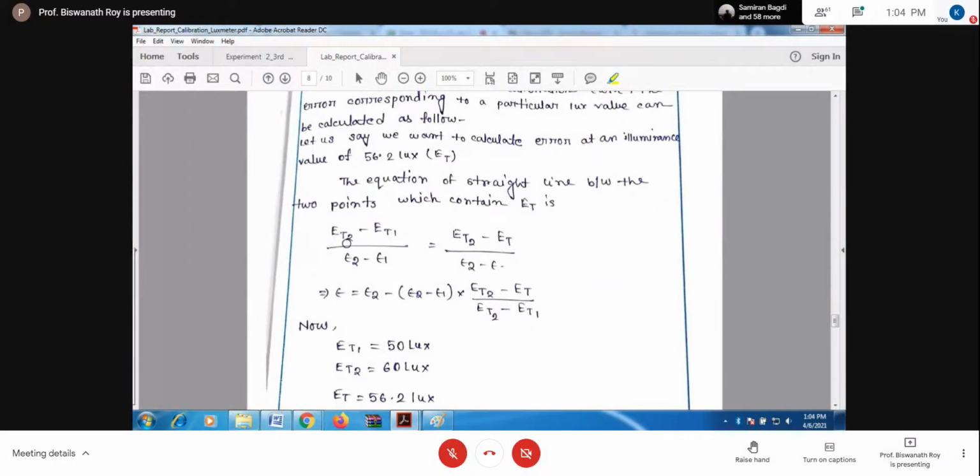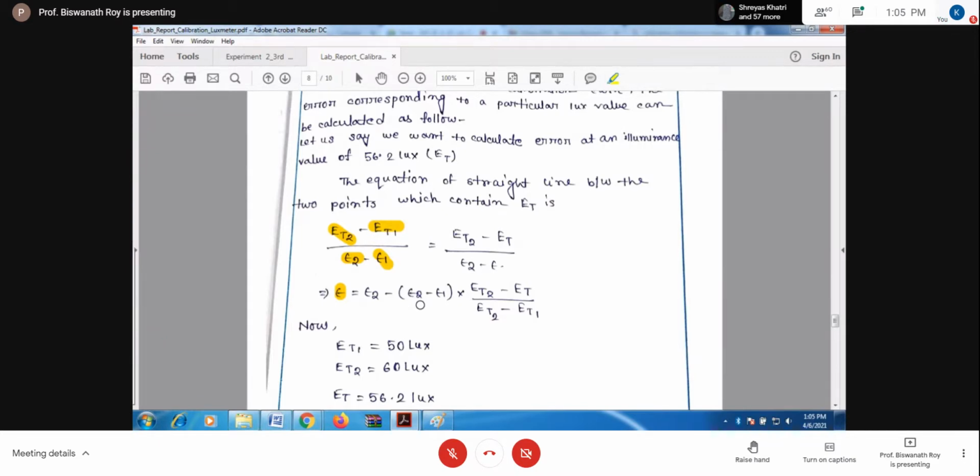42.9 lies between 40 and 50. So for ET1, which is 40, the corresponding error is E1. ET2 is 50, the corresponding error is E2. Then what is the error when the lux meter value is 42.9?